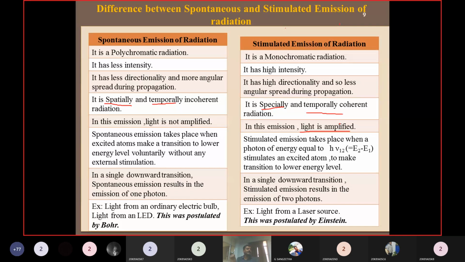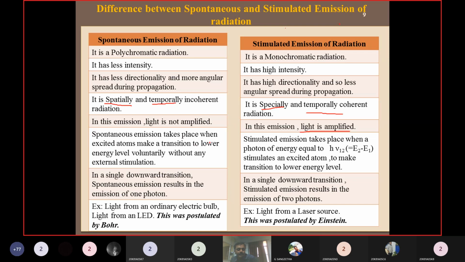We will discuss how that amplification process works.